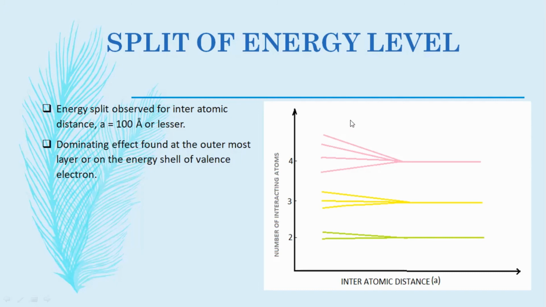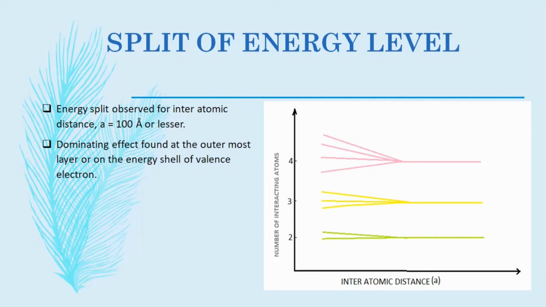That means, suppose any electron is moving around the nucleus of any atom, it does not have an explicit energy level as given by the solution of Schrödinger's equation. Instead, it will have a layer of electron energy, so a layer of energy or electron cloud. Within that energy range, the electron can have any energy value.